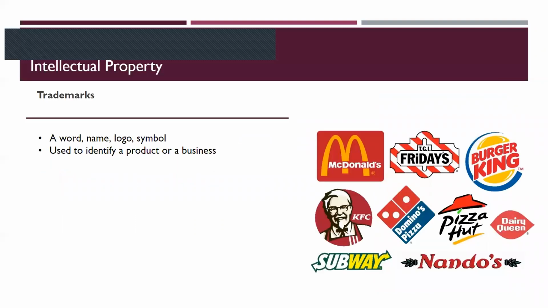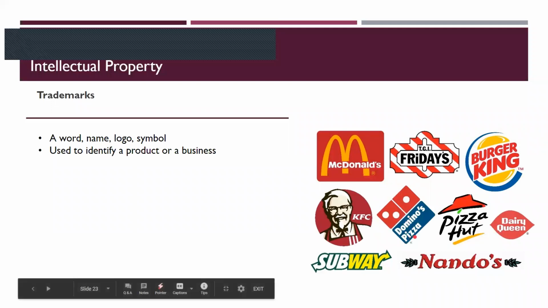And our final one is a trademark. So it's a word, name, logo, or symbol, and it's used to identify a product or business. So if we look over here at all these, you see the R, you see TM trademarked, all these.